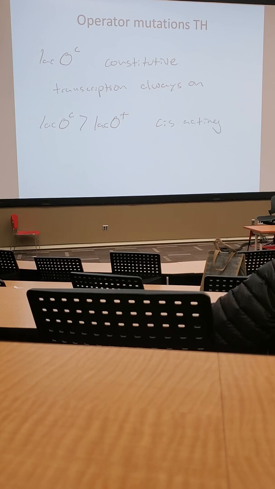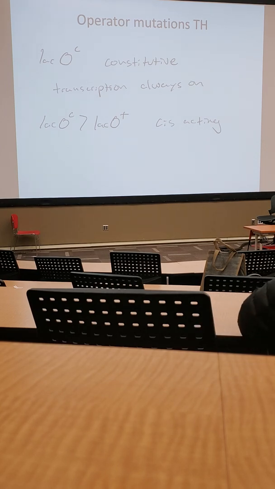It's cis-acting. Whereas the regulator was common to the cytoplasm and can interact with any DNA, this is dominant, but that really doesn't matter because it's cis-acting. Whatever chunk of DNA this lacO-C is on is going to express structural genes constitutively, but only on the same strand of DNA. It has no effect on the homologous sequence.